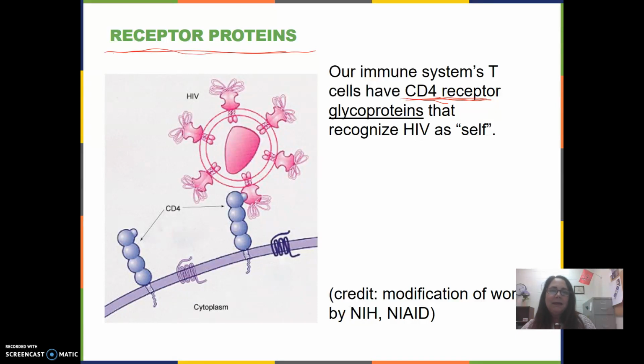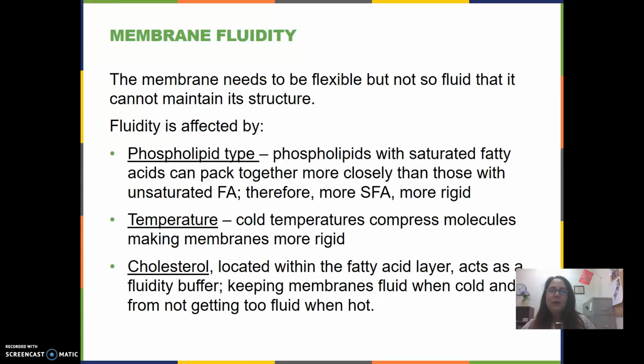And then the T cell will begin to make more T cells that can recognize that virus, many, many millions, and they will go around and destroy the virus. It doesn't happen with HIV because HIV actually destroys the T cells. That's why it's so dangerous, because it pretty much shuts down our immune system.